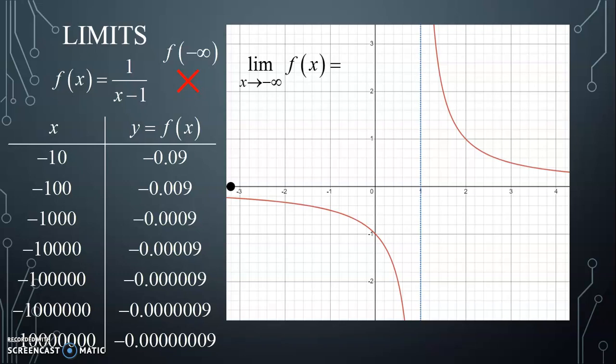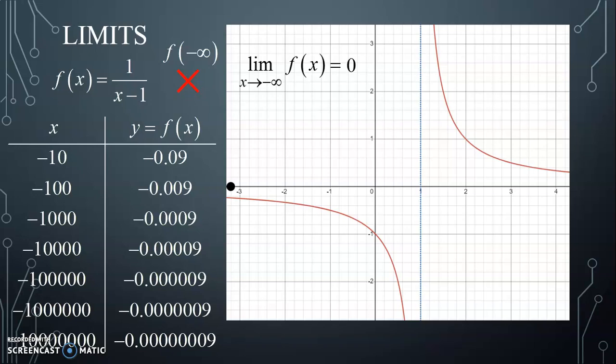So looking at the y values, we notice that the y values are becoming infinitely small. And by infinitely small, we mean that they're in fact approaching 0. So over here, we deduce that the limit of f of x when x is approaching negative infinity is in fact equal to 0, because as x goes further towards negative infinity, y is further approaching 0.